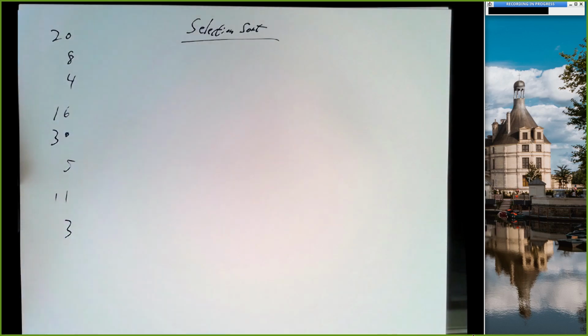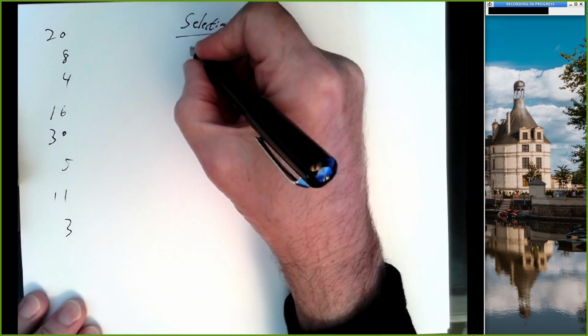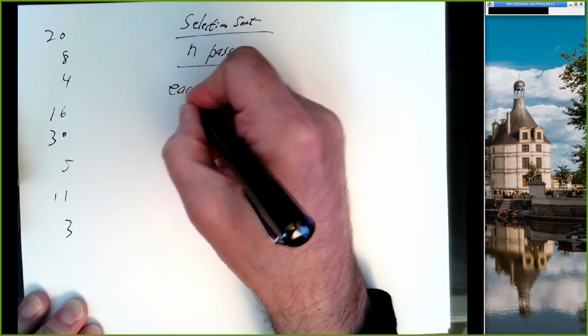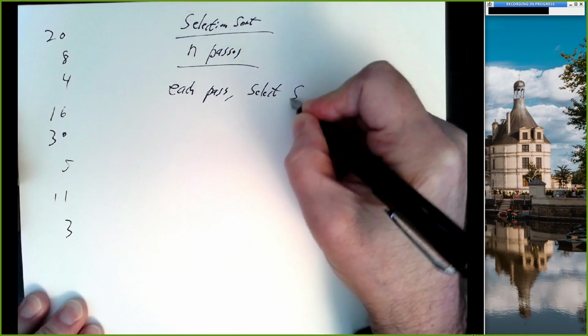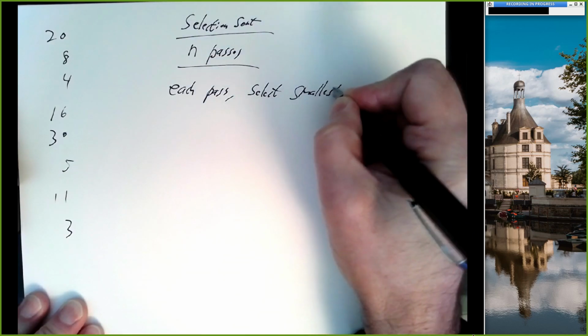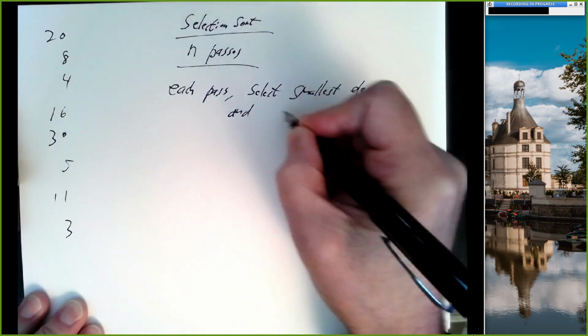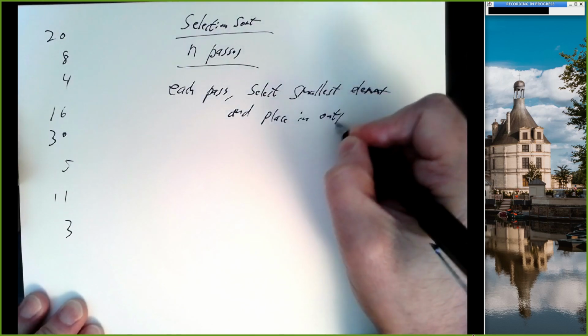All right, so selection sort. This also makes n passes. And each pass, select the smallest element and place it in the output.